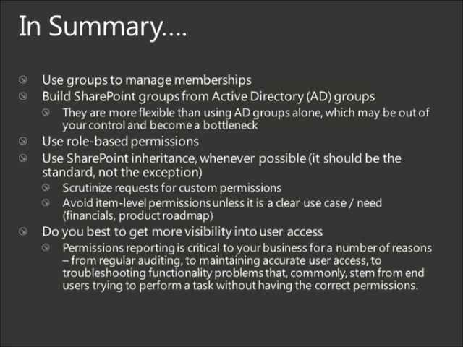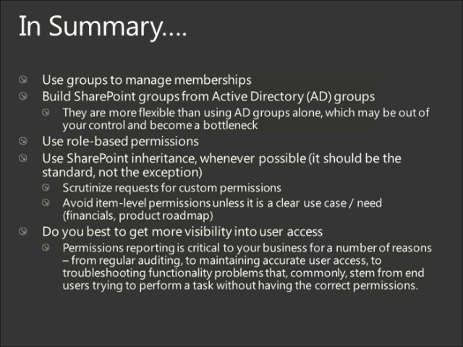So scrutinize any requests for custom permissions, and avoid item-level permissions. I mean, there are valid reasons to do that, and I brought the example of even within a finance department, you may have the corporate financials that are available in a site, because that's the right library, the right place to have that, but you may have doc-level, item-level security around that.